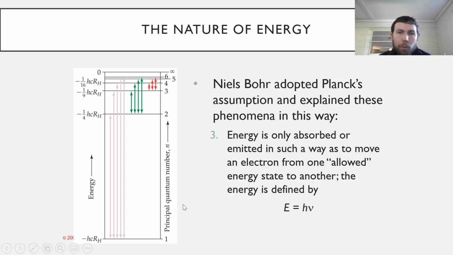And so energy is going to be emitted as it goes from a high number to a low number. So going from 6 to 2, it would emit energy. But if it were to go from 1 to 2, it would be absorbing energy, allowing it to move into that state. And you could calculate that energy using the relationship E equals h times nu.